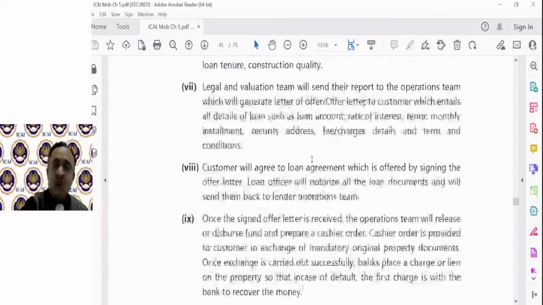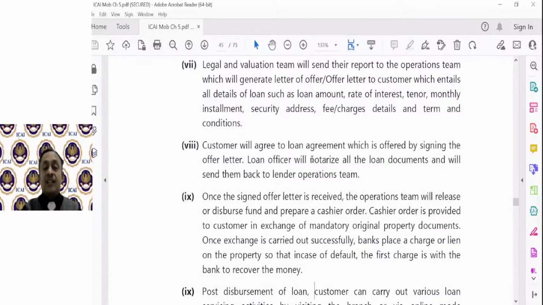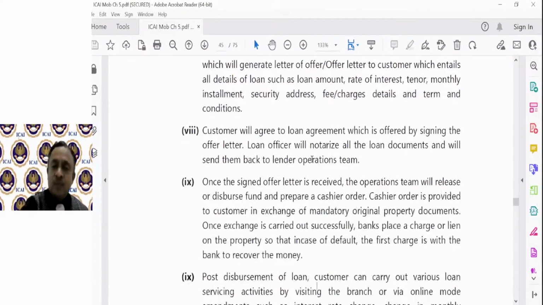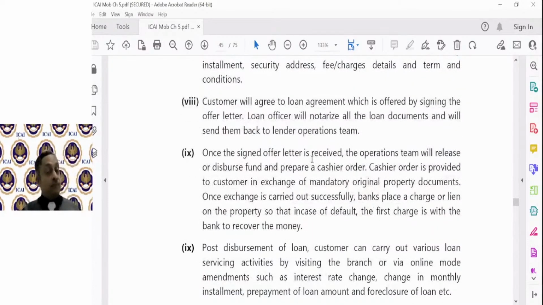Then a loan agreement is created for the customer. The customer, he or she, agrees to the loan agreement: I am okay with that, go ahead. A signed letter is received. Now, when the banker is going to give a loan on a property, the banker is going to create a lien. To create a lien on the property, what you require is the original property documents.